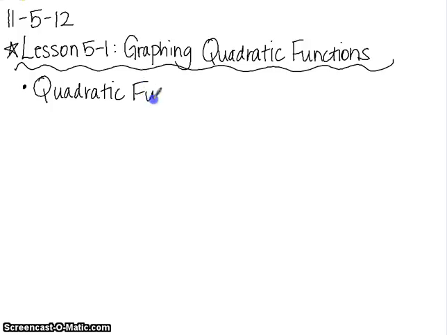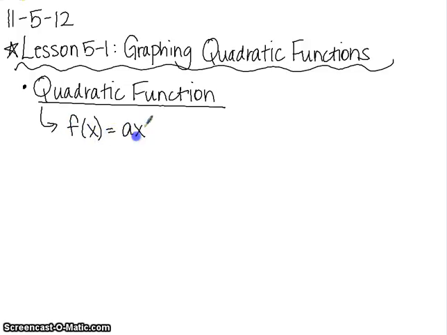First of all, a quadratic function. The standard form of a quadratic function looks like this: f(x) = ax² + bx + c. Now remember that the f(x) is the same as the y equals, so when we graph it, we can think of it as a y.